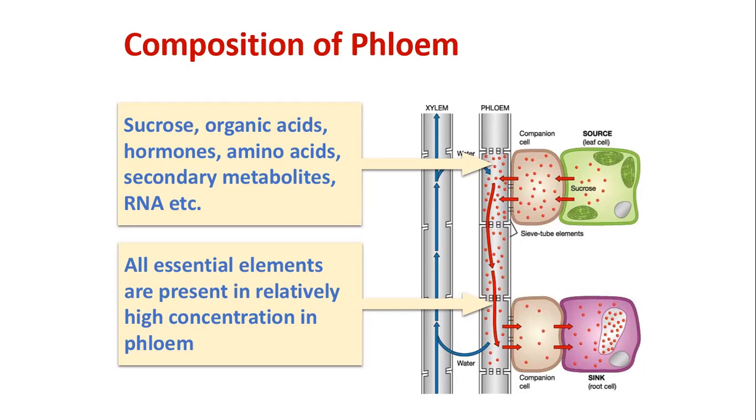Sucrose, organic acids, hormones, amino acids, secondary metabolites, and RNA are also present in the phloem sap, and that makes organic compounds more dominant in the phloem.